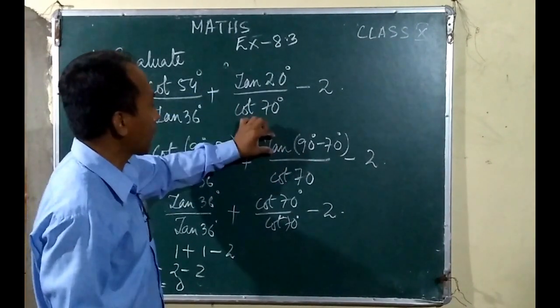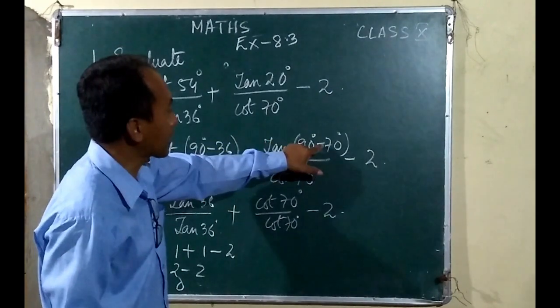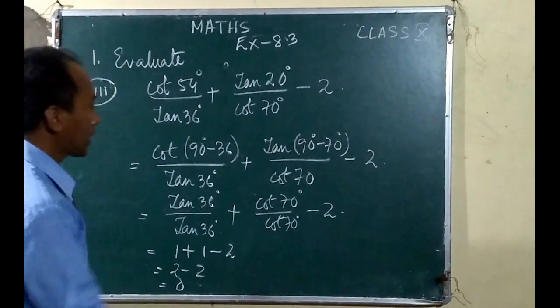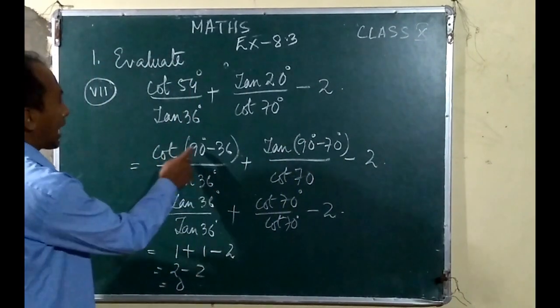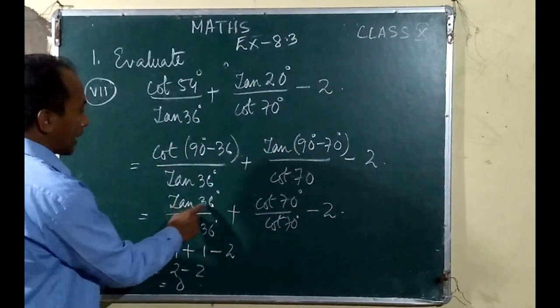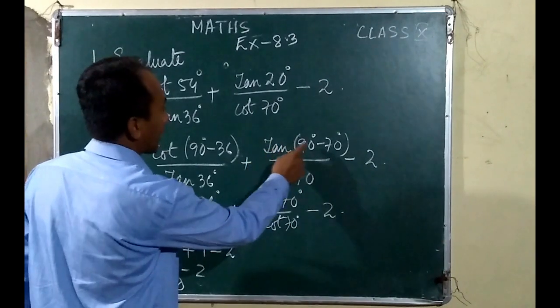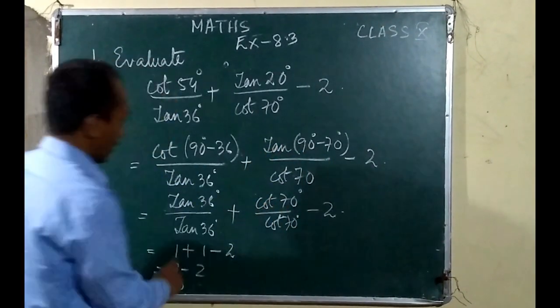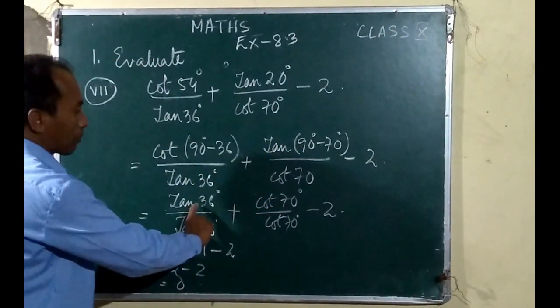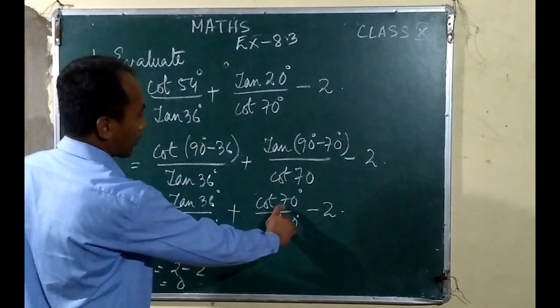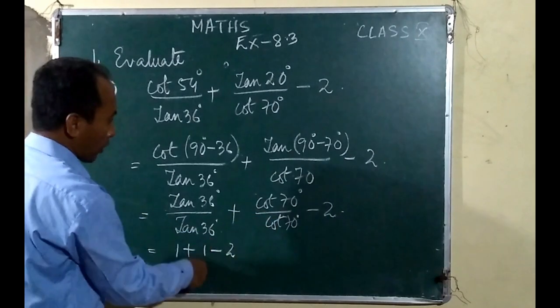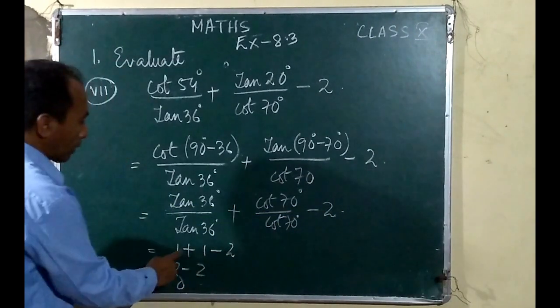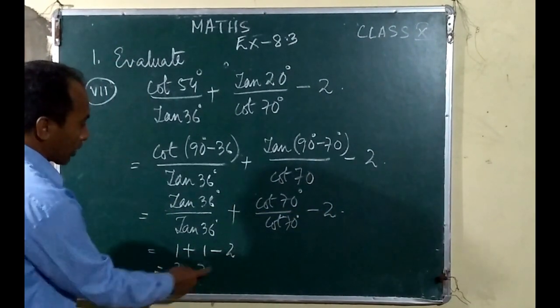Tan 20 degree I'm converting into tan 90 minus 70, since 90 minus 70 is 20. So this becomes tan 90 degree minus angle A. So here cot 90 minus angle A is tan A. Tan 90 minus A is cot A. So numerator and denominator remain the same. If you cancel it, it is 1. If you cancel it, it is 1. 1 plus 1 is 2. 2 minus 2 is 0.